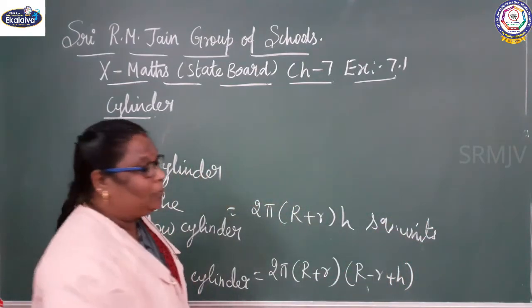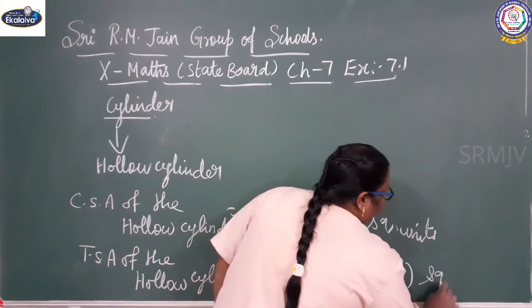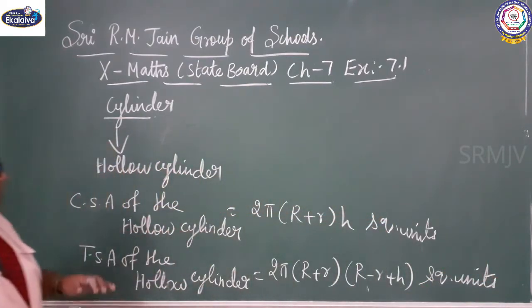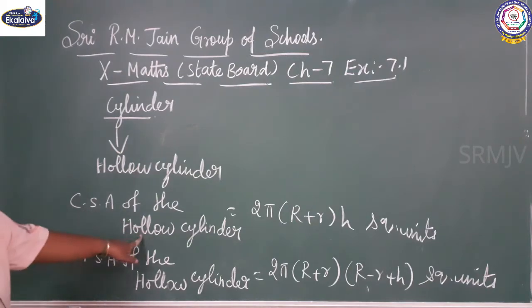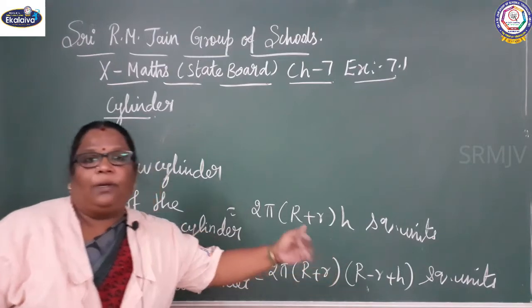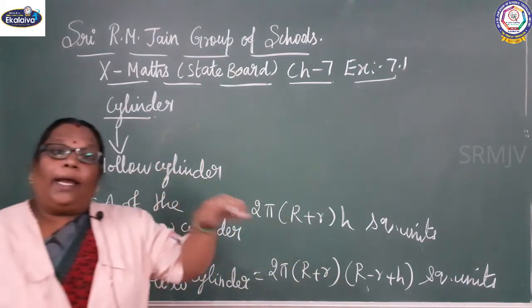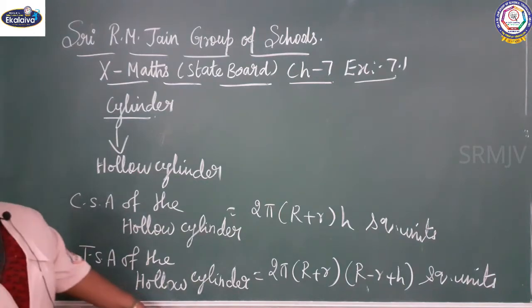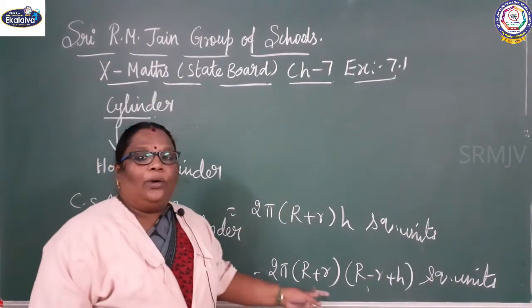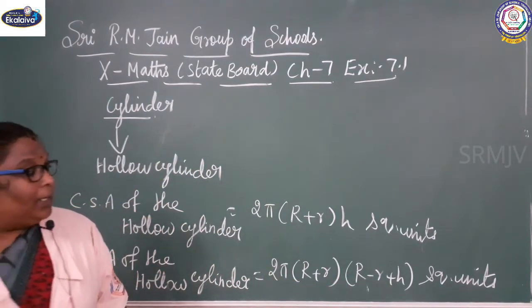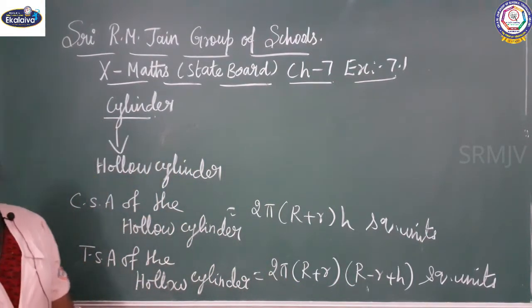To recap, the curved surface area of the hollow cylinder is 2 pi into (capital R plus small r) into h. Then the total surface area is 2 pi into (R plus r) into (R minus r plus h) square units.